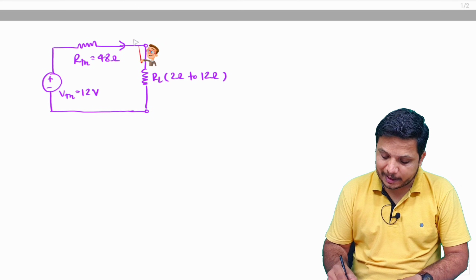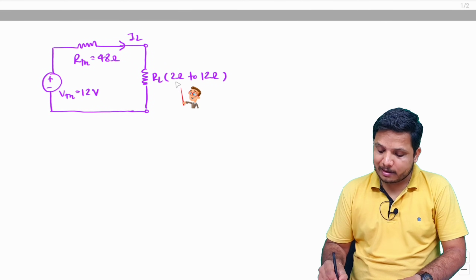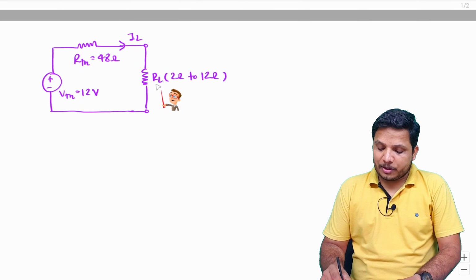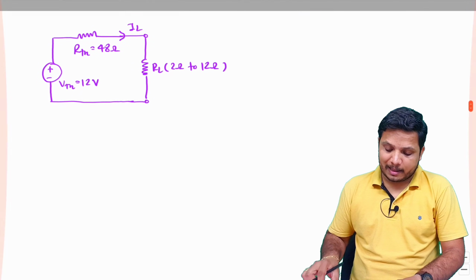So I need to calculate this current IL, which is changing due to the change in resistance RL.